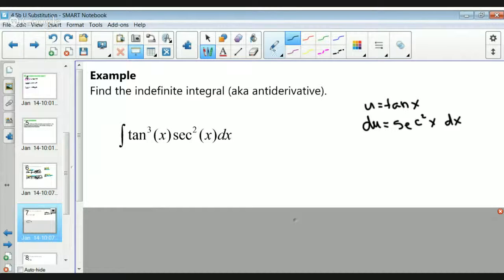All right, go ahead and get out your highlighters, and let's highlight out here. U is tangent of x, so I'm going to highlight that in yellow. I do need to miss the cube though, right? Because only tangent of x is u, not the cubed. All right, then du is secant squared x dx, so I can highlight all of that in blue.